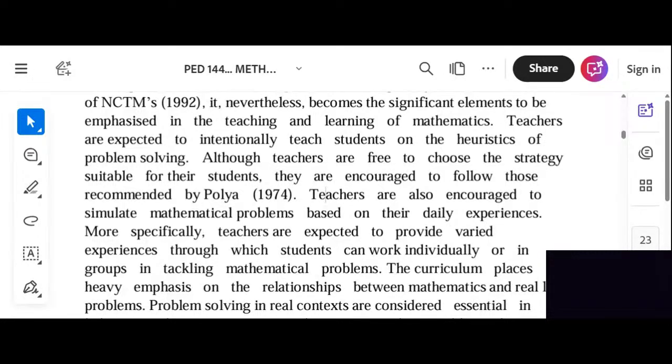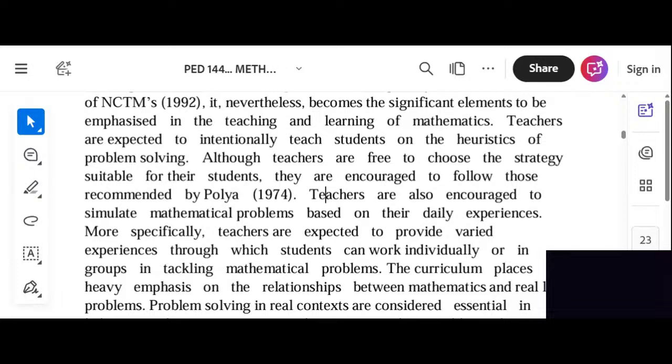His full name is George Polya. You are supposed to know it because that is a generally accepted standard of teaching problem solving. He proposed four basic steps of solving mathematical problems.